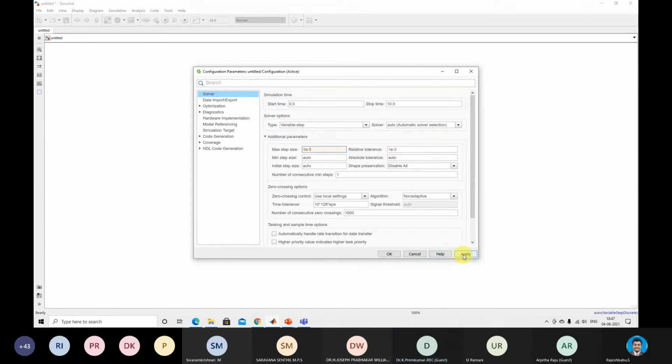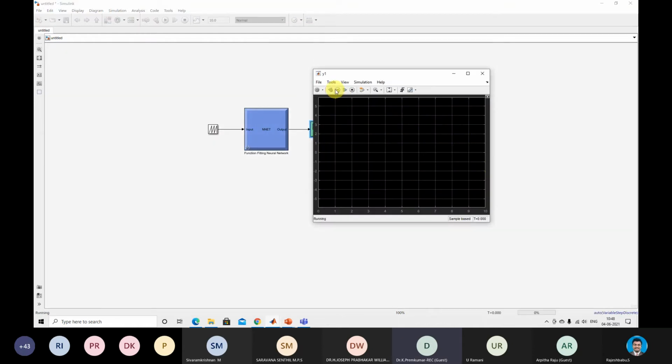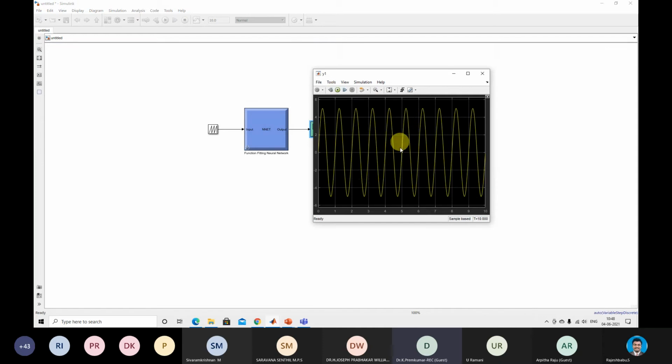This is going to be considered as the sampling time here. Next you have to simulate the same model. Now we'll see that the output from the neural network is a sinusoidal. So we built that neural network model for generating a sinusoidal based on this data. By the way, you can train the neural network for a particular application.